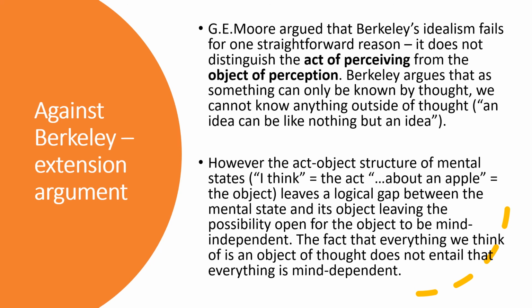He's collapsing together the act of thinking and the object thought about. So Moore wants to reject this and say actually we can talk about being aware of certain things, but then the objects of perception are distinct from that awareness. So that's a final argument to say that perhaps Berkeley is wrong here.